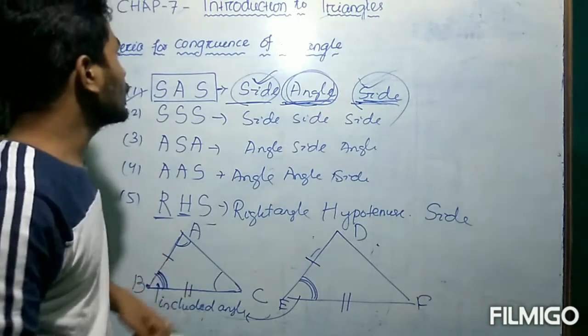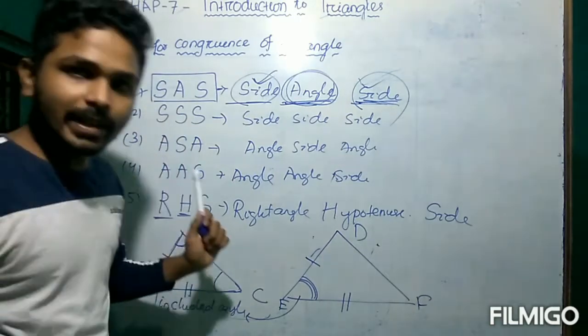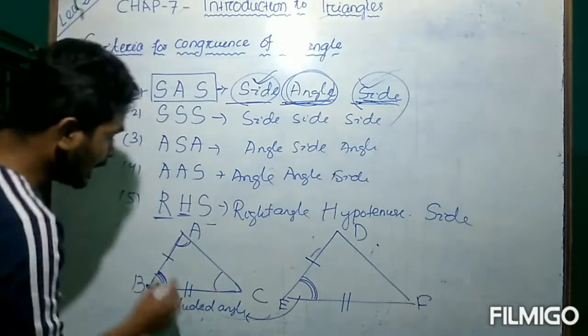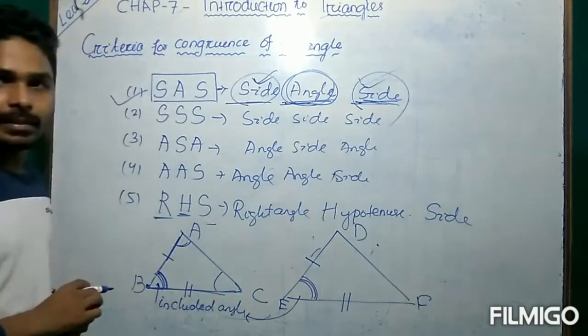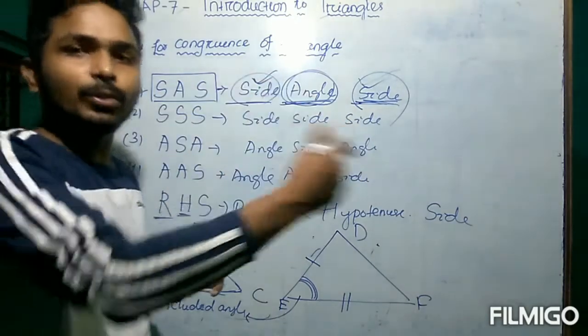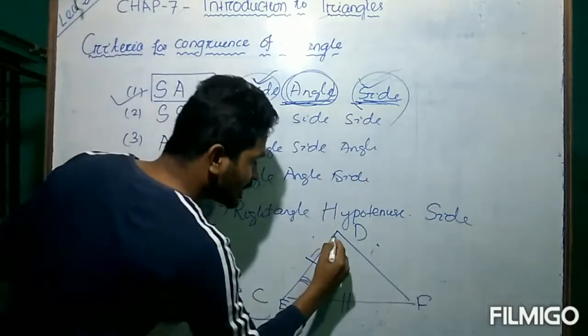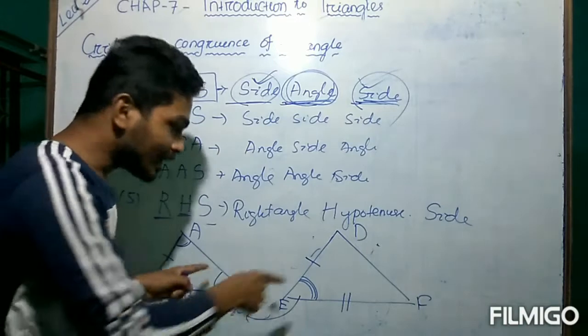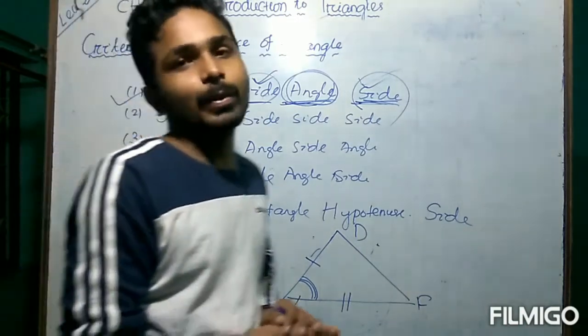So according to the SAS criterion, if in a triangle two consecutive sides and the included angle are equal to another triangle's two consecutive sides and the included angle, then the two triangles are said to be congruent.